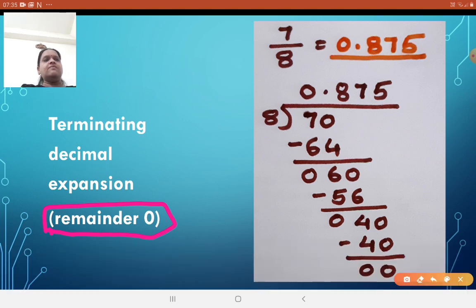Now your question: if the number is not given in a fraction form, if it is given directly in decimal form, for example 1.2, if the dots are not given, that means only 1.2 is given, then this is also a terminating decimal expansion.